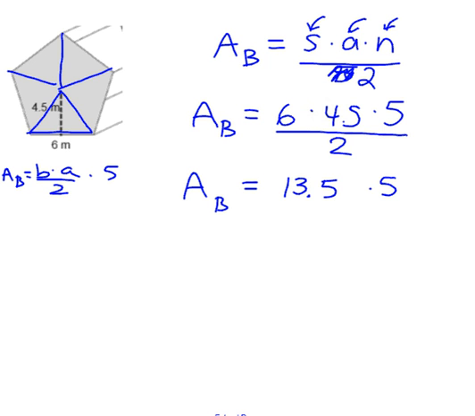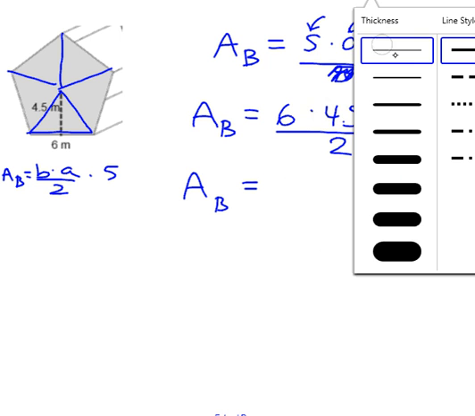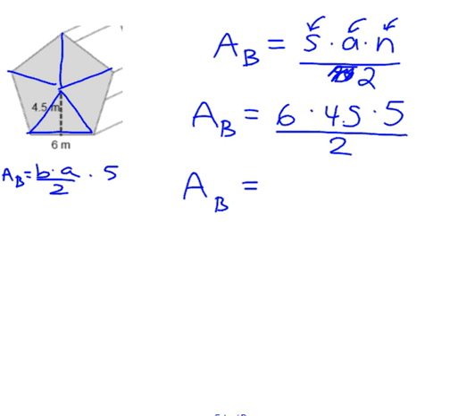Let me do it again in one calculation: 6 times 4.5 times 5, and I divide that by 2. So I'm going to get 67.5, and again, that's meters squared.